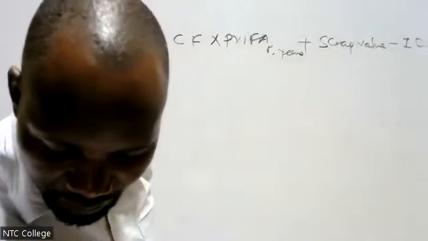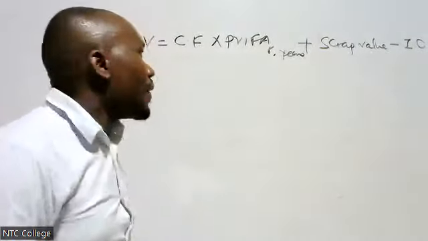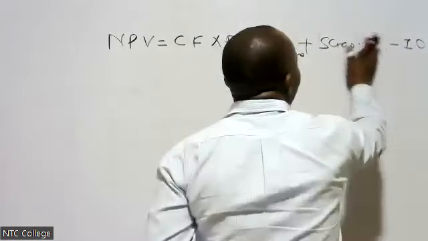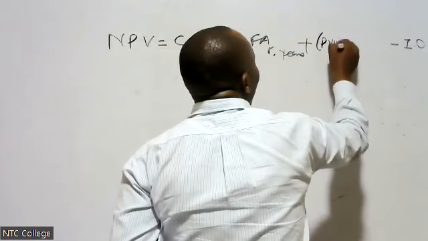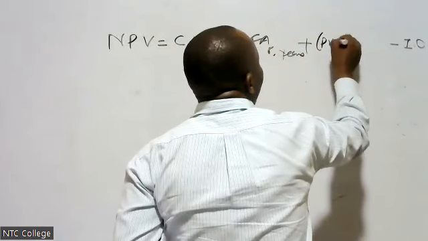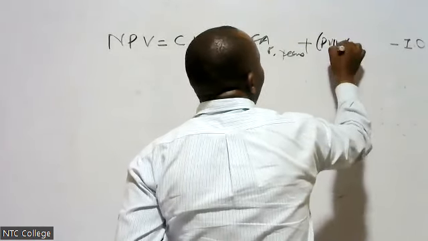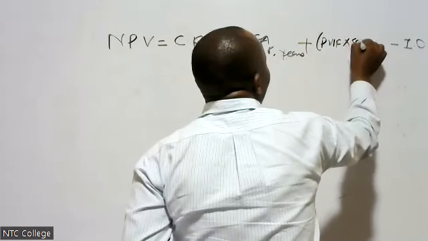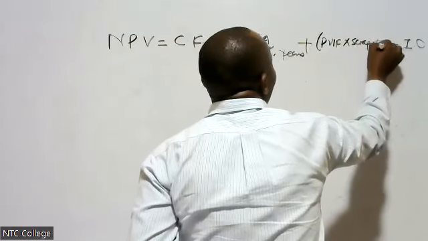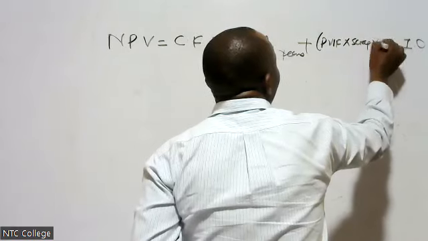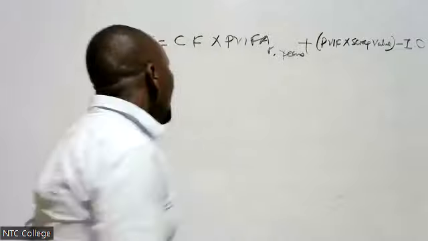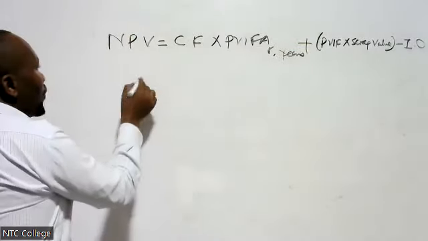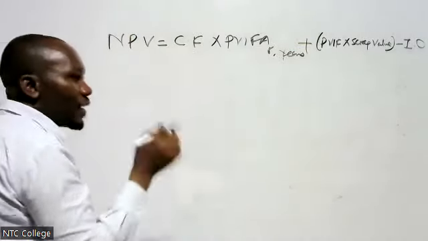Scrap value is multiplied by PV. So we need to look at the cash flow, which is regular.